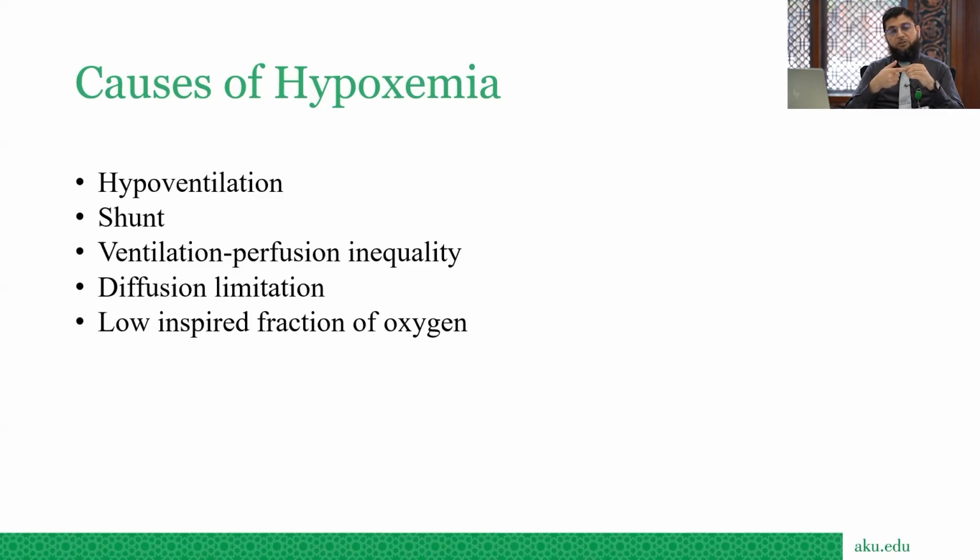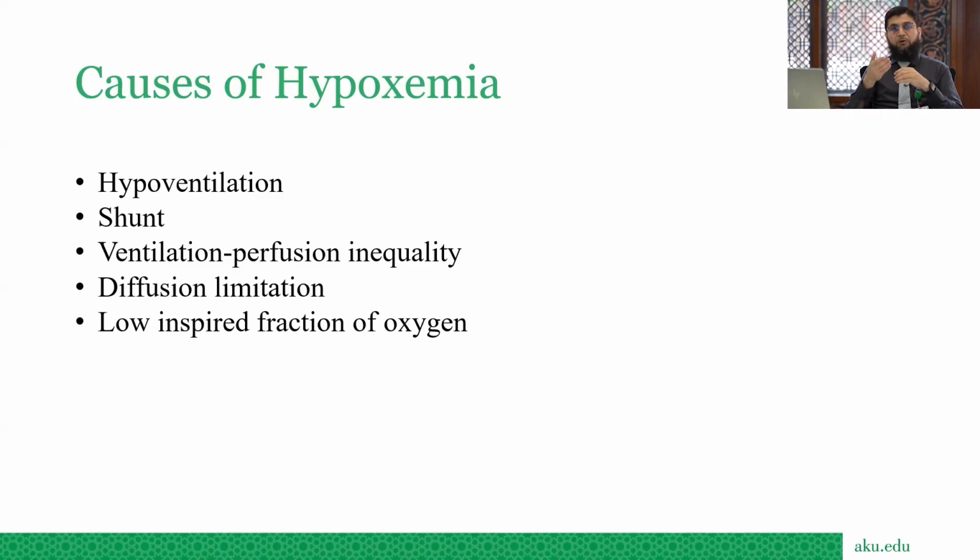It can commonly occur in lung collapse. It can commonly occur in ARDS, and ventilation perfusion mismatch is the most common form of hypoxia in children. Diffusion limitation, in terms of edema, if the patient has pulmonary edema, or pneumonitis, or has developed a barrier within the alveoli that limits gas exchange, that is diffusion limitation.